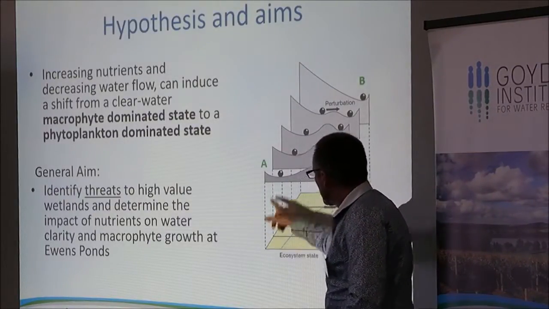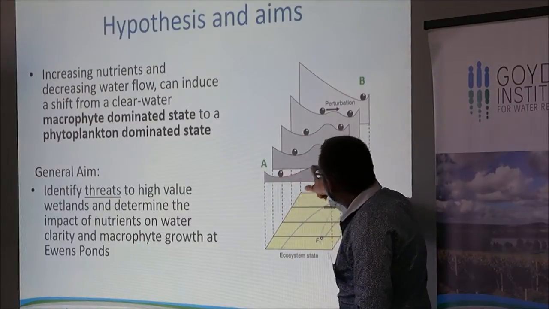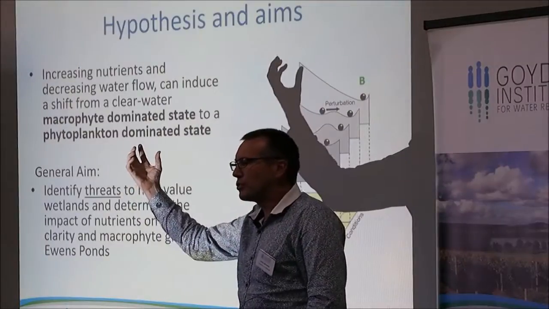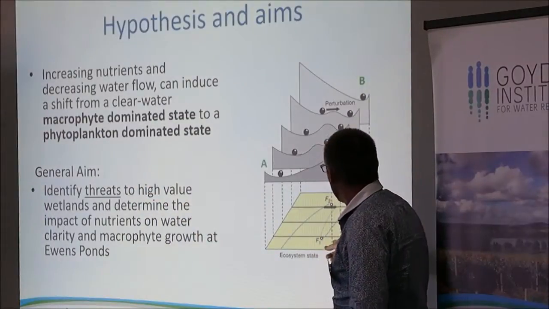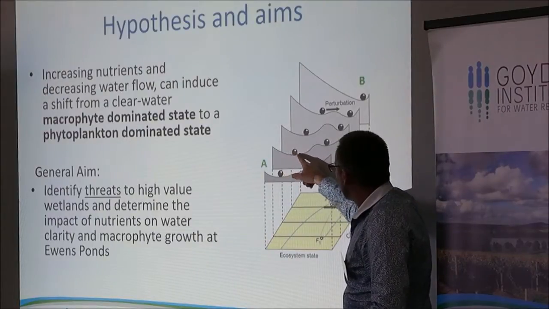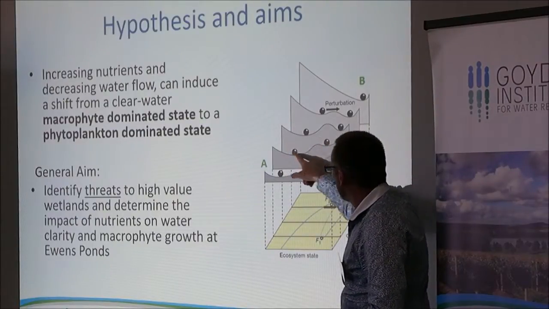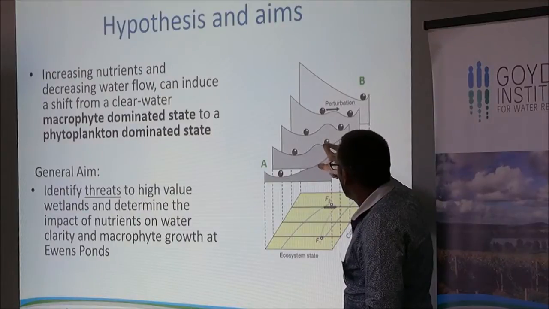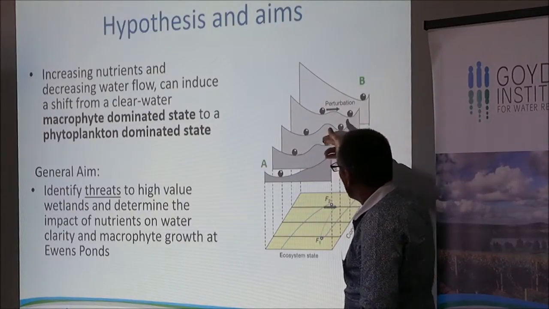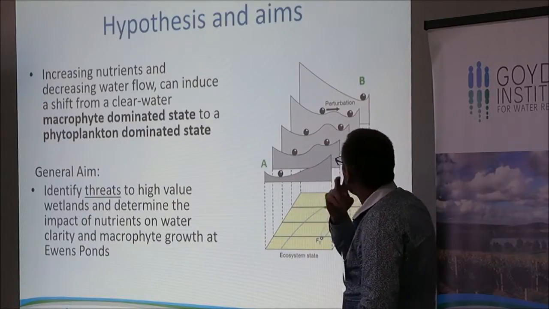So under low nutrients, we've got clear water, and to get to this state, it's quite a steep climb, and so it's really hard for it to shift into this alternate state because you've got low nutrients. But if nutrients increase, the steepness of this decreases, and so it might be that the ball could go out of this cup into state B, but then it could return because it's still a low nutrient state. So if you reduce nutrients again, it would be easier for that to come back down.